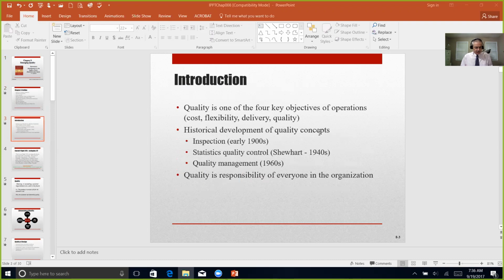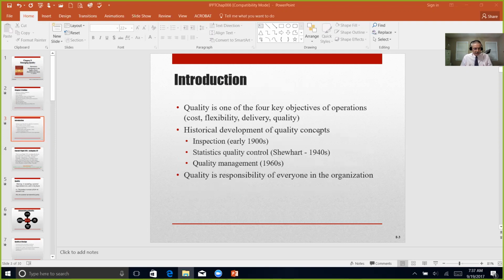Even though operations does have a special responsibility to produce a product for the customer, it takes all the employees from top to bottom to ensure quality is not only inspected but built into every component, every part, every device that leaves a manufacturing process.